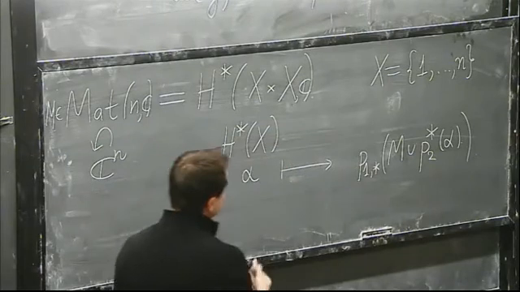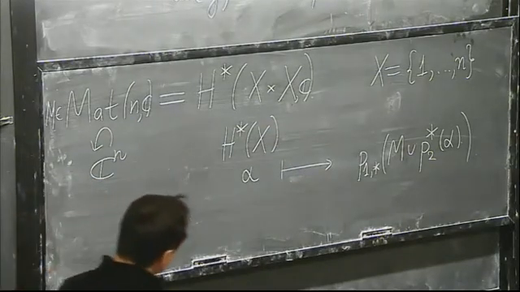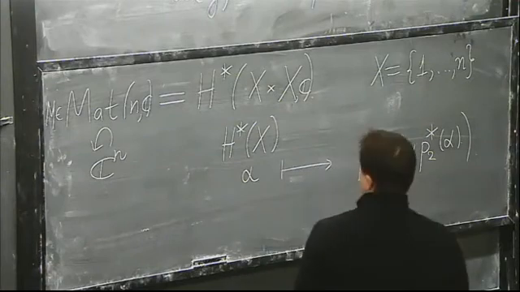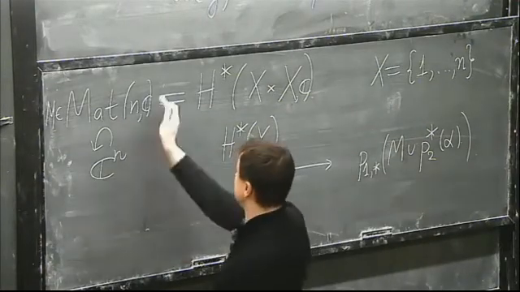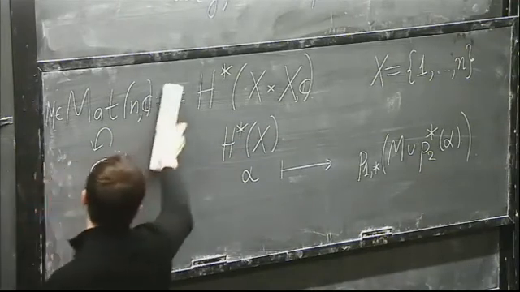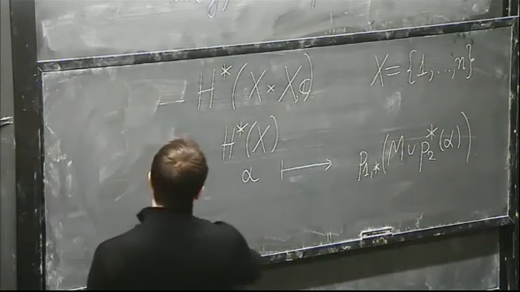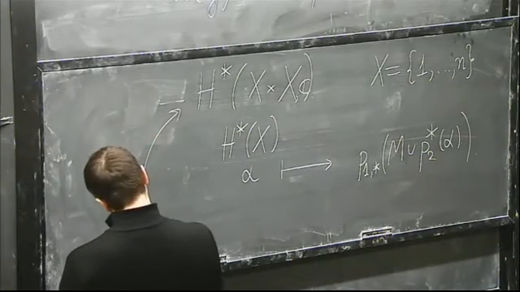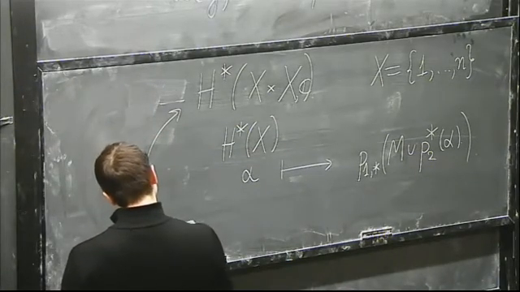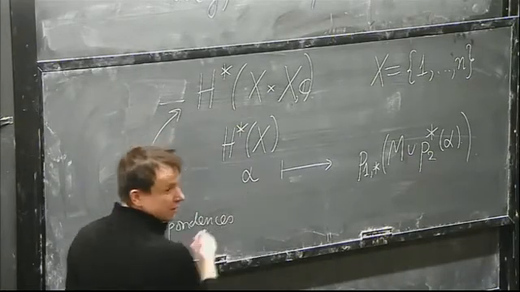And this is one way. If X, instead of being a finite set, is general, forget about matrices now. Elements of this set are called correspondences, and they act.